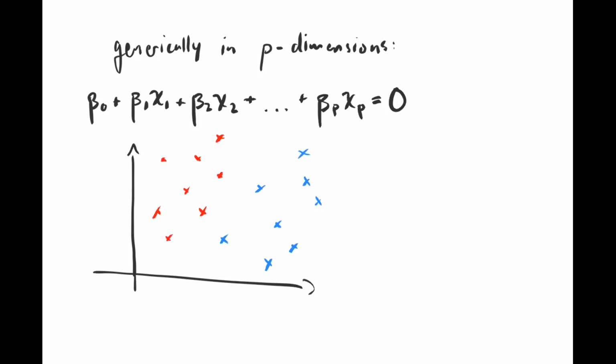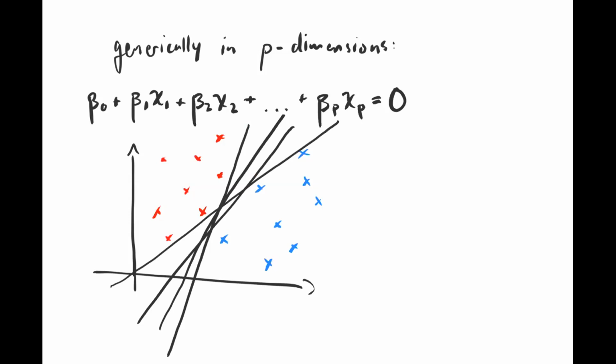If I want to draw a line which separates this, it turns out that if I am able to draw a separating line or a separating hyperplane, then you actually have an infinite number of separating hyperplanes that can separate your points.